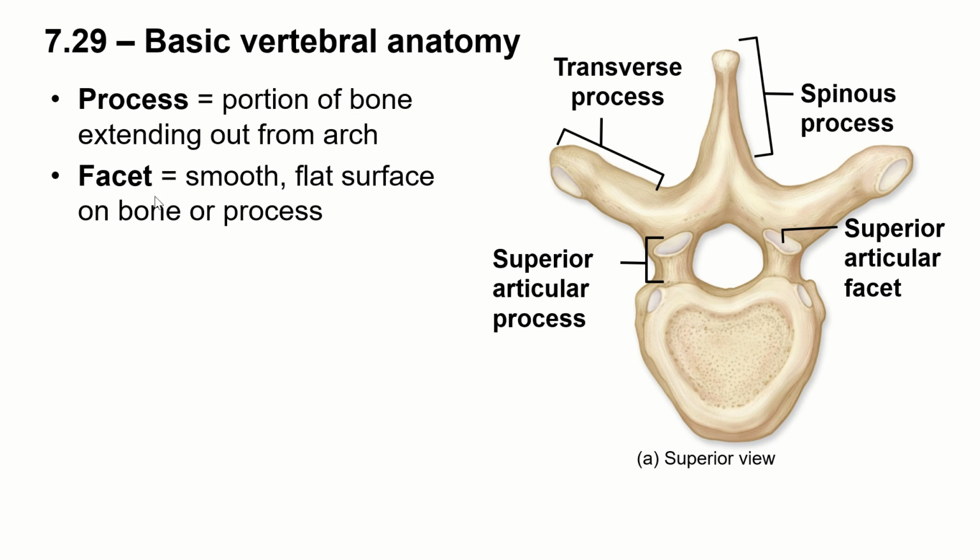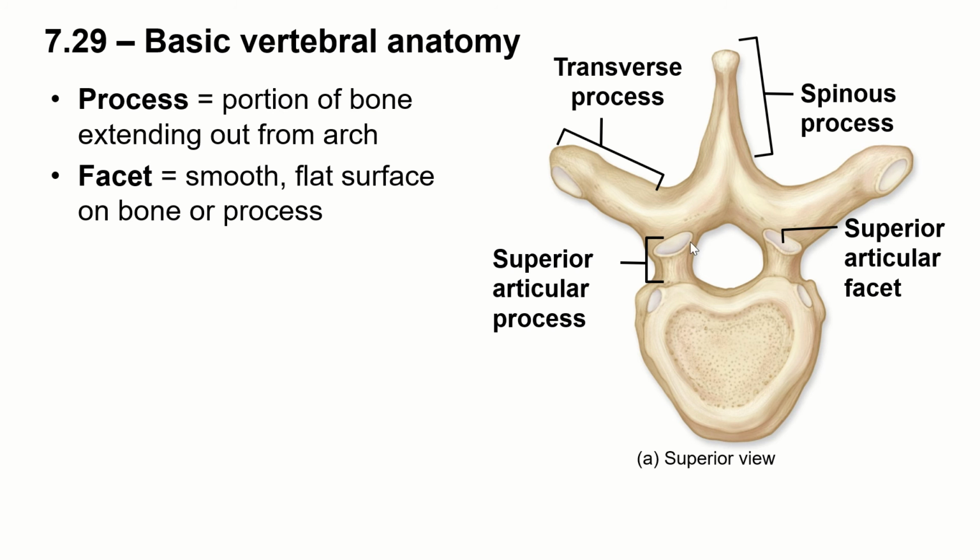Now, a facet is a smooth surface. Facet means little face. So these smooth surfaces here and here are facets, and these are where flat areas of bone are going to articulate together. The facets on the transverse processes are where ribs articulate.